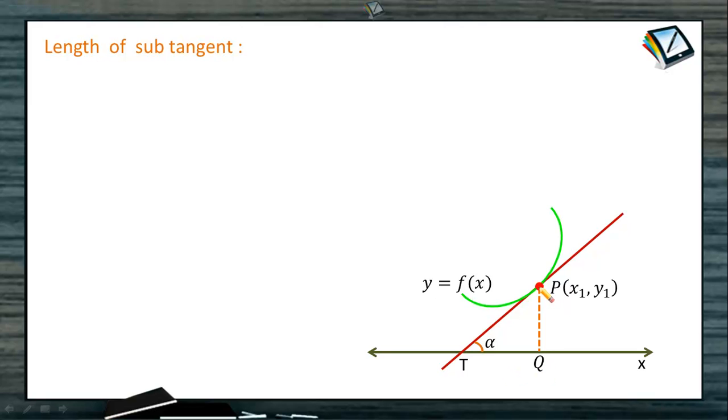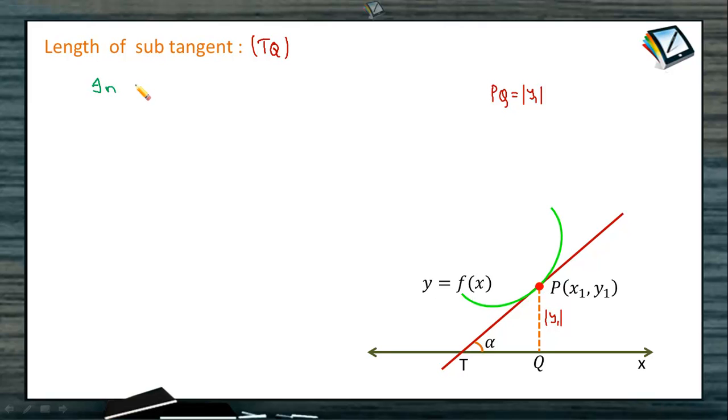Now when we drop a perpendicular from P on the x-axis, again from the same idea, this is the ordinate of the point. So PQ length in this is modulus of y1. Now from the diagram, what is the length of the subtangent? The length of the subtangent is the projection of PT on the x-axis. Therefore, we wanted to find the length TQ now, right? We will be finding the length TQ.